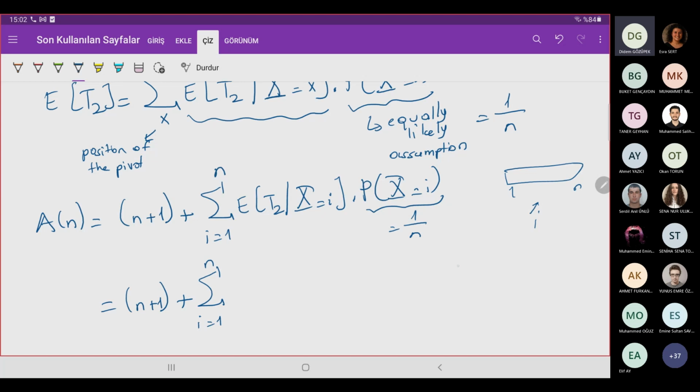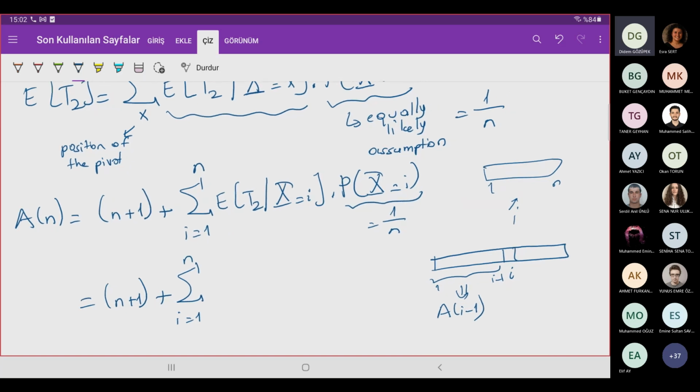Let me show it here. Its index i is here, and I have another average case here from 1 to i minus 1. So the average case in this recursive step is a(i minus 1). I'm trying to calculate a(n) with respect to input size n.